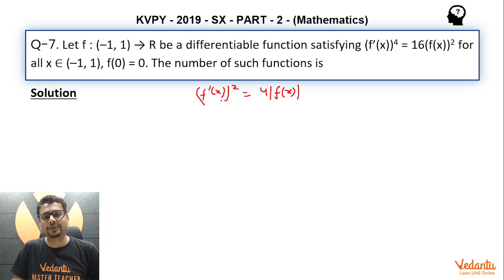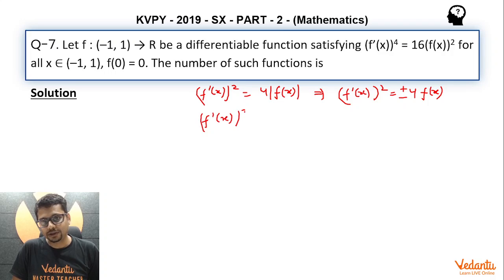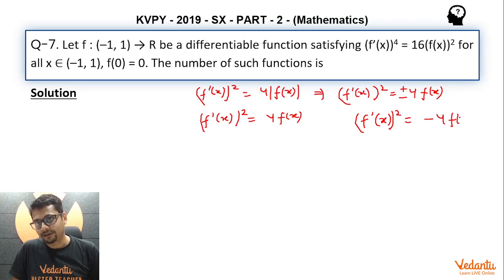Because anyway (f'(x))^2 would be something non-negative and it will open with plus sign. However, I have taken mod here. So this would mean two possibilities. (f'(x))^2 is either 4 times f(x) or minus 4 times f(x). Let's consider both of them separately. (f'(x))^2 being 4 times f(x), or (f'(x))^2 being minus 4 times f(x).